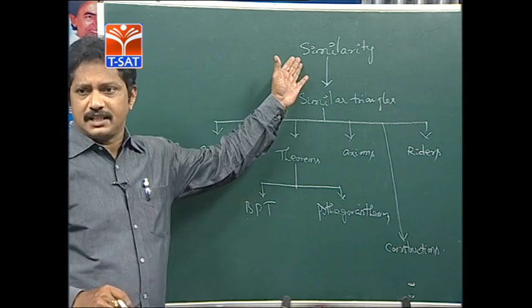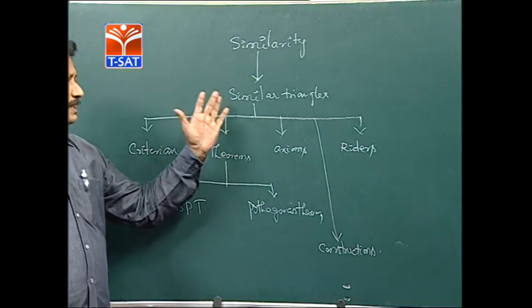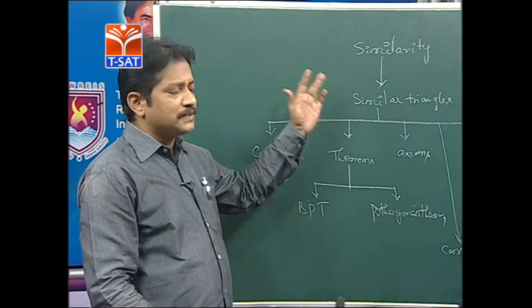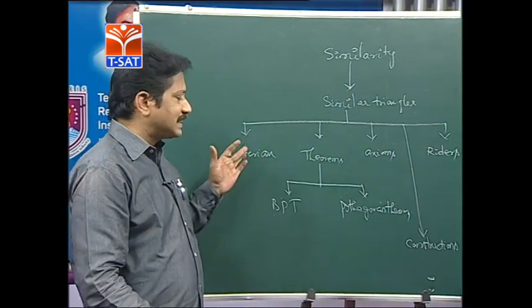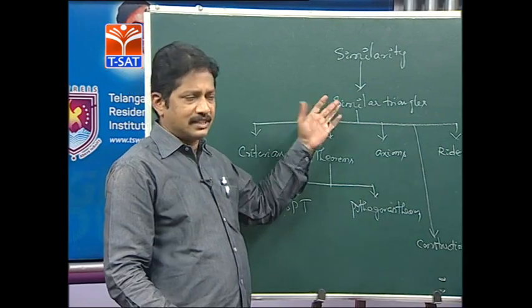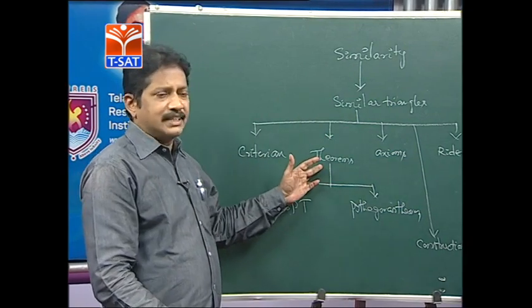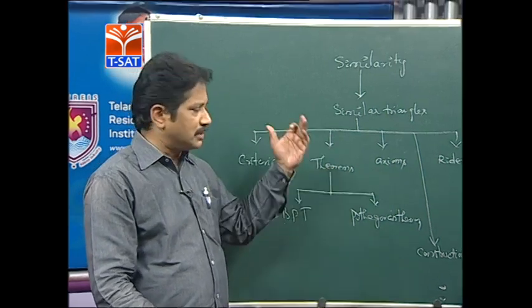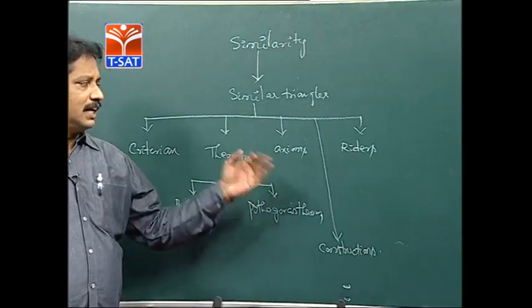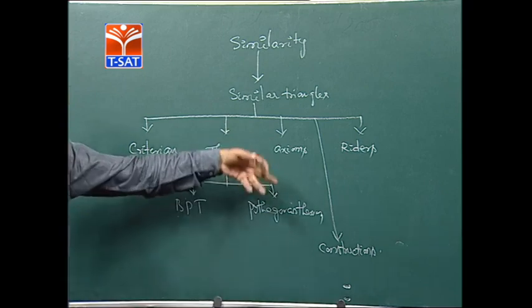So one is similarity. In this chapter you are going to learn which triangles are said to be similar triangles, and what the criterion for similar triangles is. The next one is some theorems based on similar triangles, and axioms, which are already proved statements, or some theorems also come under this.